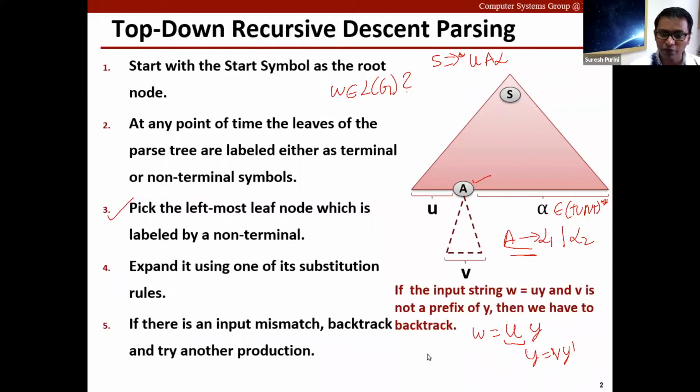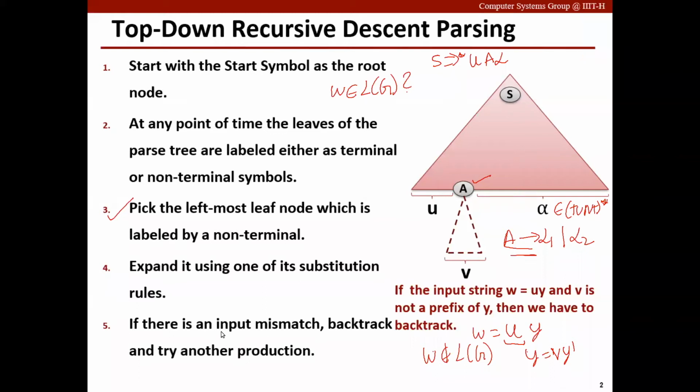That is, W does not belong to the language described by the context-free grammar G. That is, you try the substitution rule A goes to alpha 1, you try the substitution rule A goes to alpha 2, neither of them works, in which case you don't have any other remaining option. So you declare that the input string W is not a valid string described by the context-free grammar.